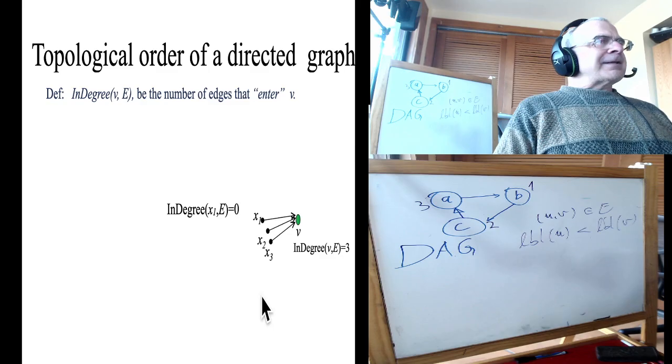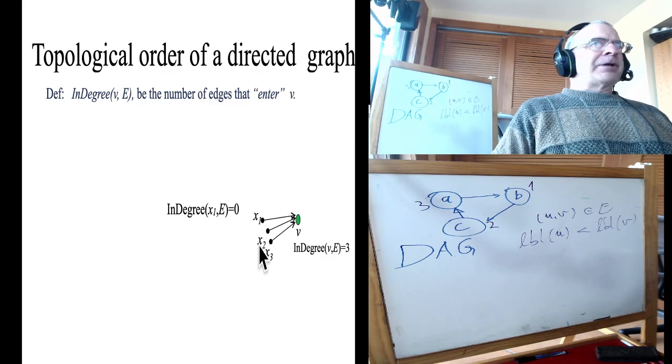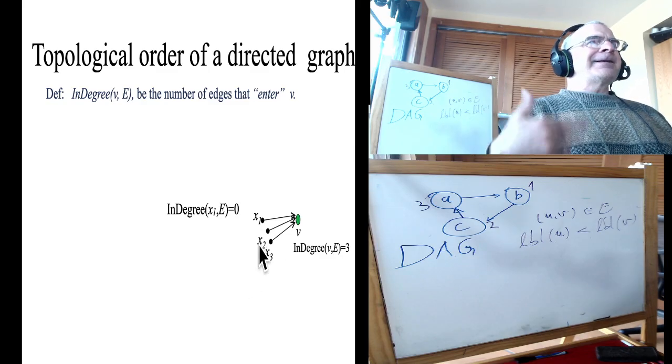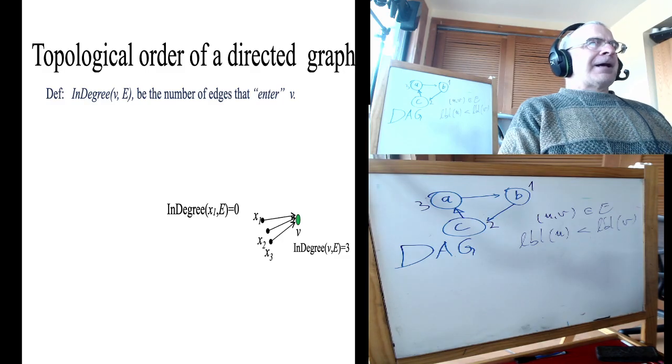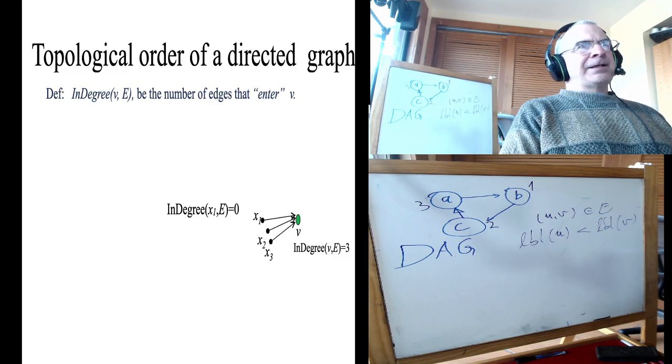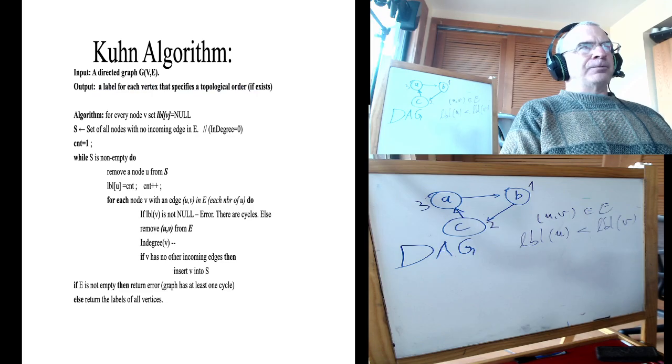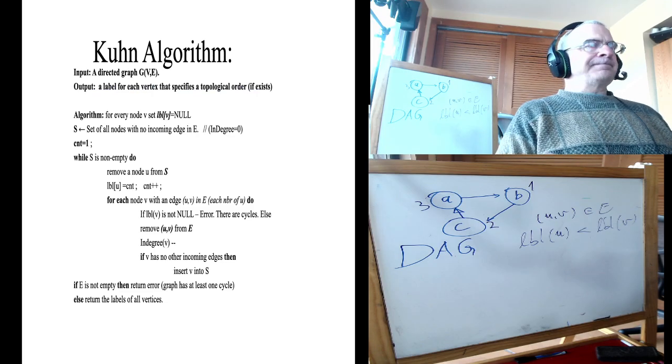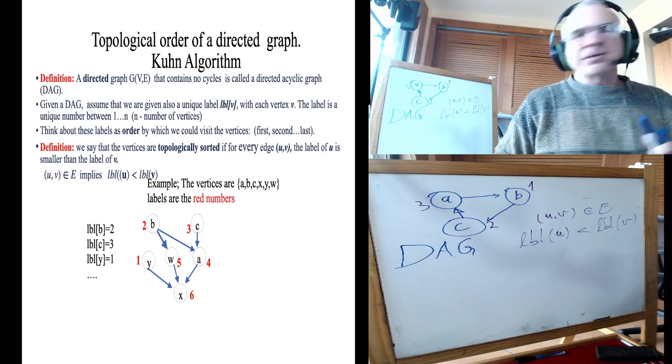With which vertex should I start? Which vertex can get, in our case, a label of 1? It of course must be a vertex with in degree equal to 0. When I start my algorithm, let's have it on the board.